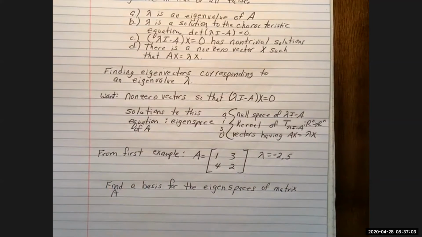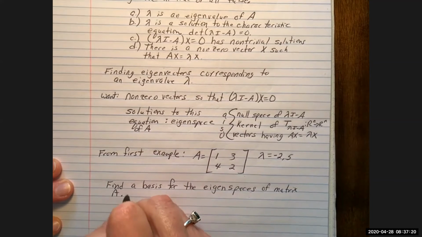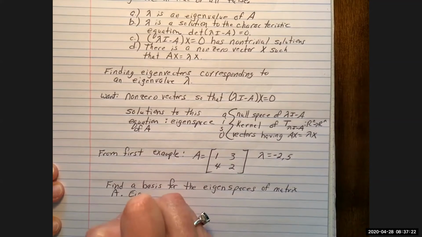And this isn't going to be any different than what we've done before. When we found a basis for the solution space of a homogeneous system, that's exactly what we're doing. So what we're going to do is find a basis for the eigenspace of matrix A. And then the eigenvectors will be those basis vectors.